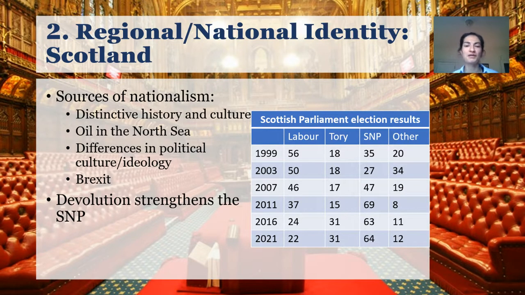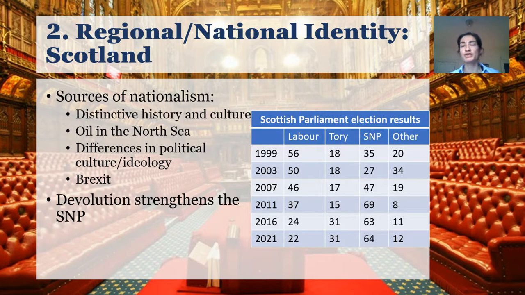The SNP has been the plurality party since then, the last couple of elections. They haven't regained a majority since 2011, but they've been in government ever since. And so that's given them a local power base. And I haven't shown you the results of Scottish elections to the Parliament in London, but the SNP's share of those seats has gone up correspondingly.